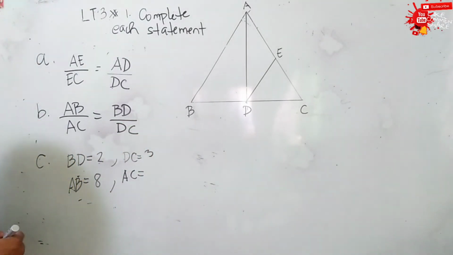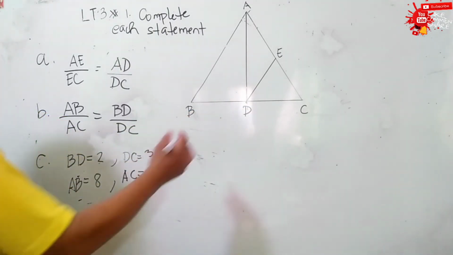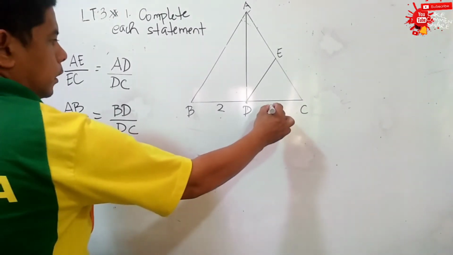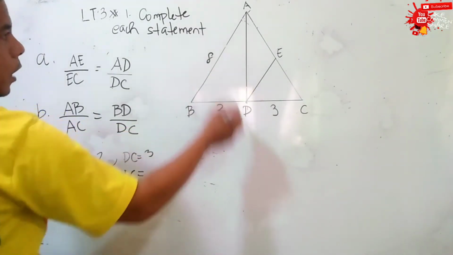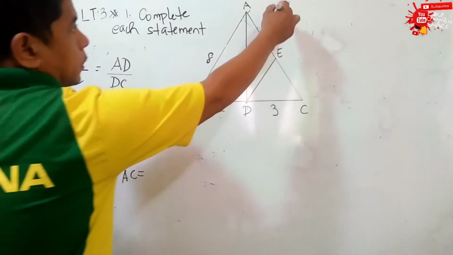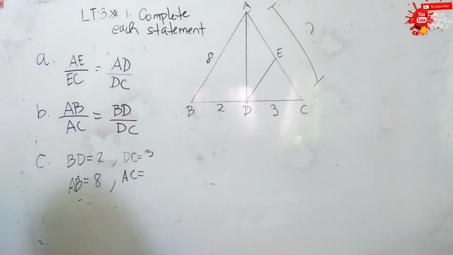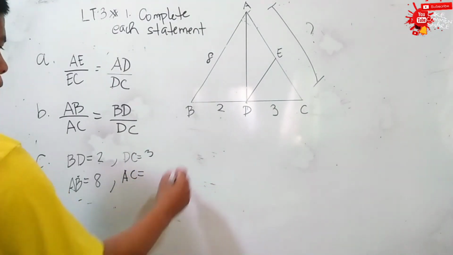How about letter C? Ang BD daw natin ay 2 at ang BC natin ay 3. Okay? Ang AB ay 8. Ang question is the measures of AC. Okay? So, again, ilagay lang natin. So, 2.